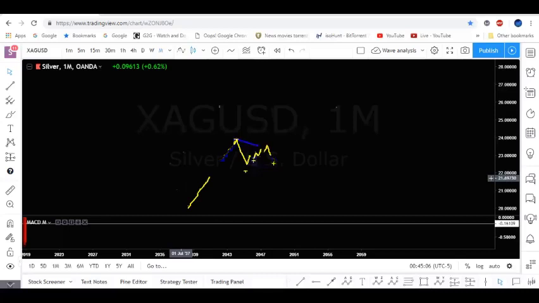So this is basically your contracting flat, and then you'll make your next impulse. Like I said, this one isn't so common. It doesn't form so often, but it's still very useful to know it. And remember what I said, guys, it's absolutely key to know all these patterns and to memorize them.